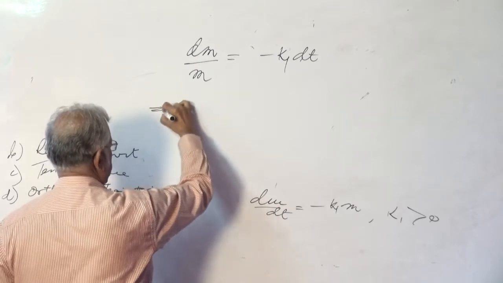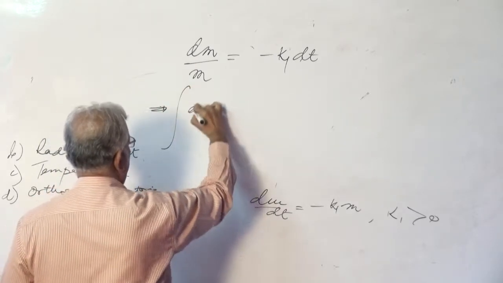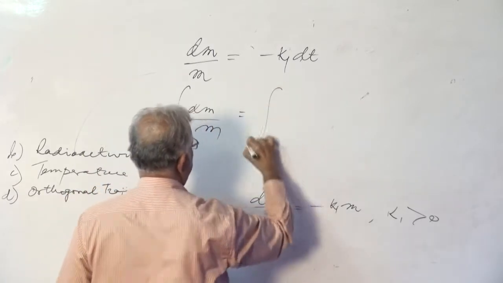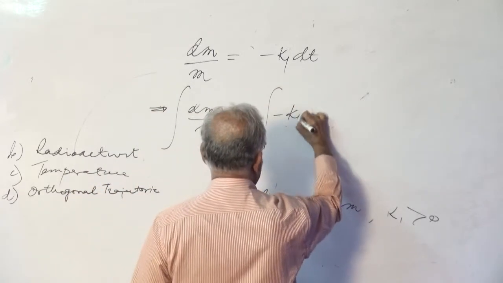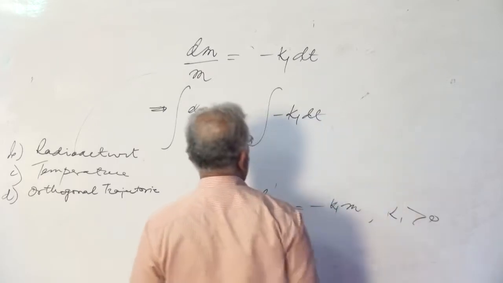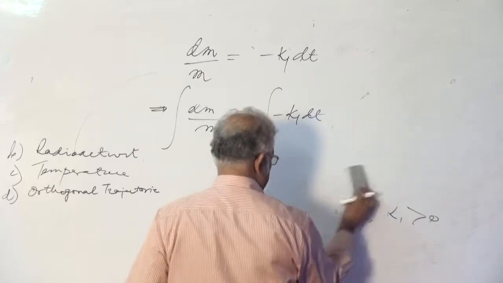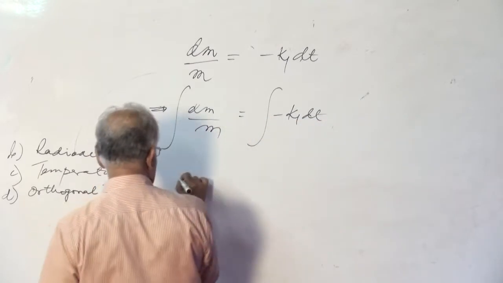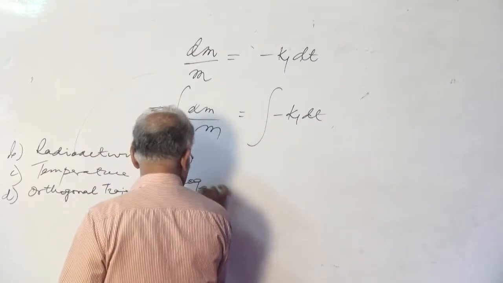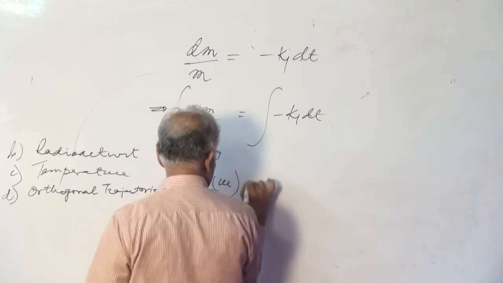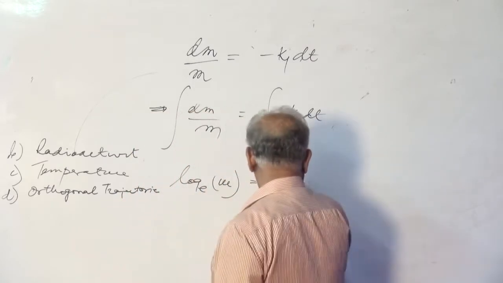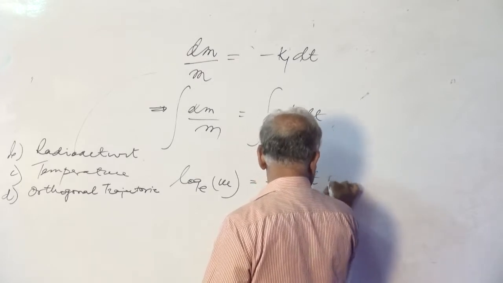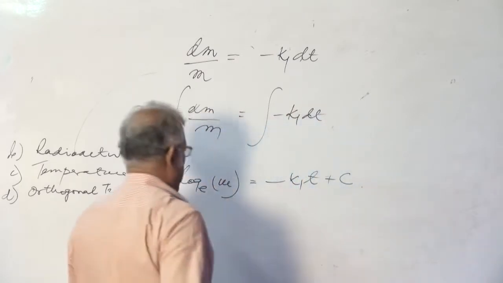This implies the integration dm over m is integration minus k1 dt. The next line will easily be log of m to the base e is minus k1 into t plus c.